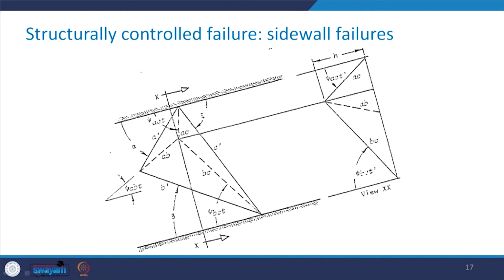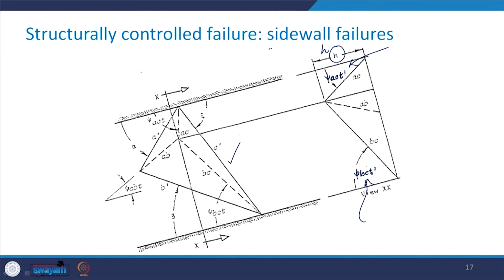Have a look here, that here it is psi BCT prime and here it is psi ACT prime. The question is how to determine these two angles, because until and unless we know these angles, we will not be able to determine the height of the wedge, which is h.